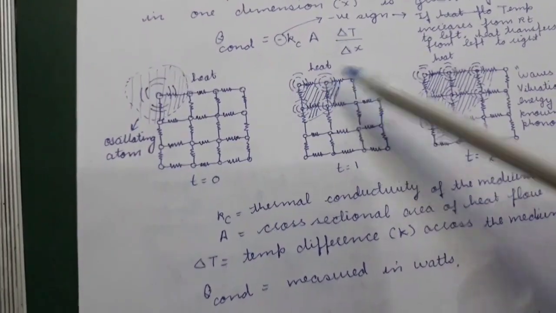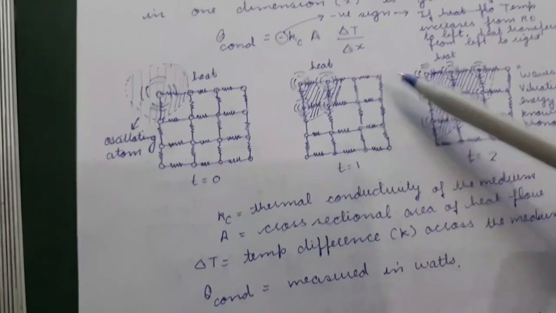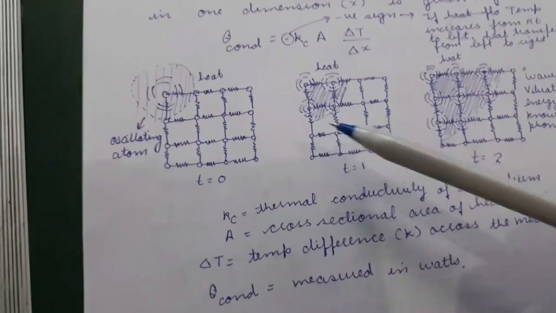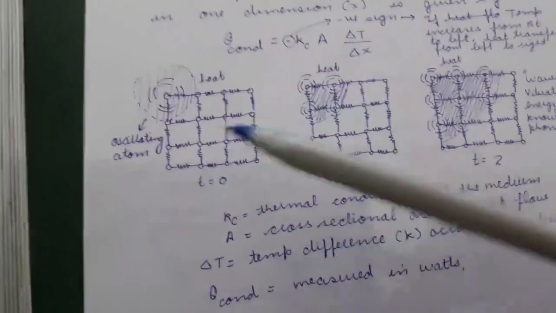Similarly, more and more atoms will join and keep oscillating because of the heat provided to the system, and that is how the heat will be transferred from one point to the other.